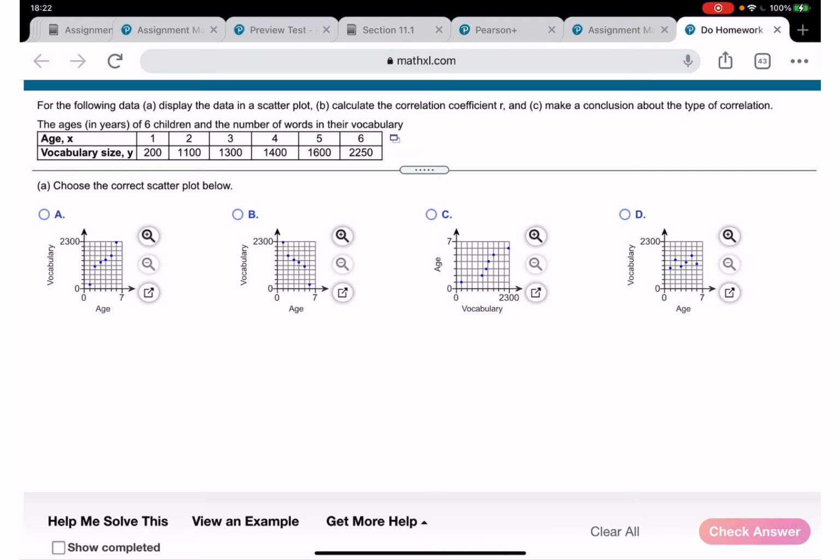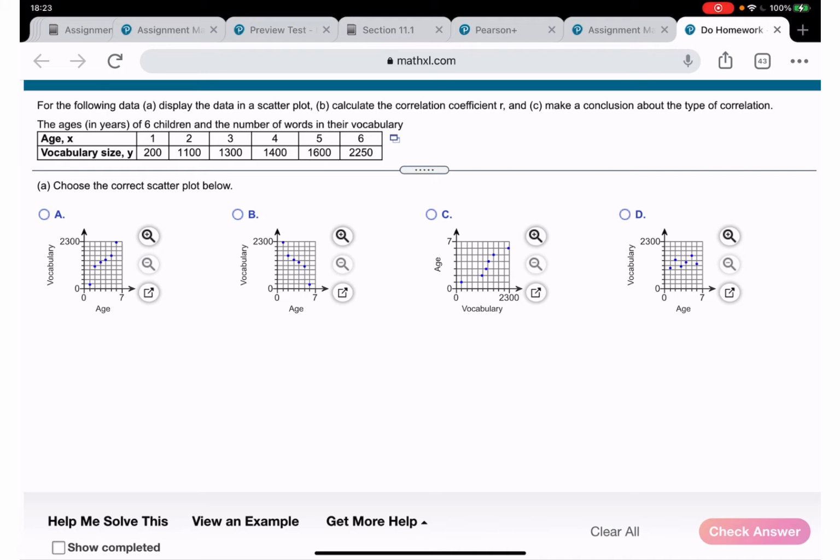Age is increasing from 1 to 6. Let's see what's happening to y: 200, 1100, 1300, 1400, 1600, 2000, 2250. As you can see, increasing, so it's going to be a positive correlation.